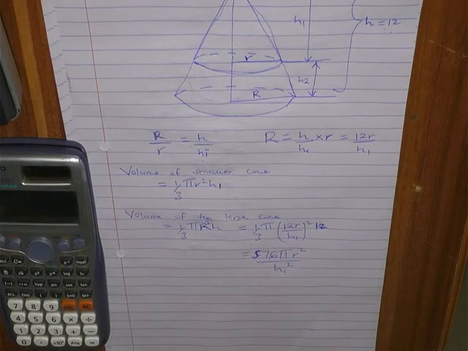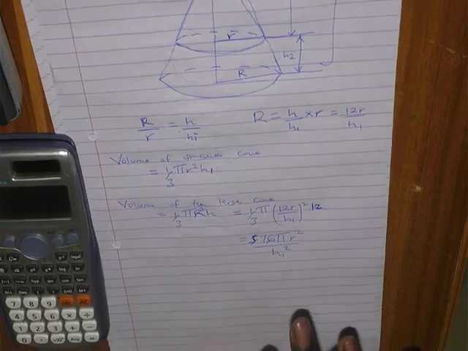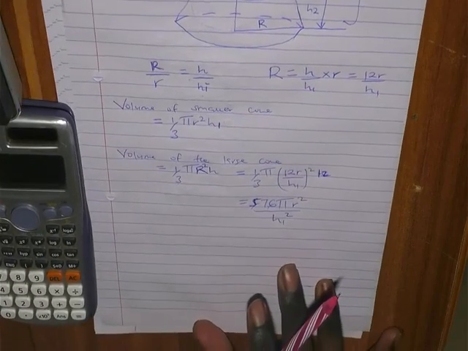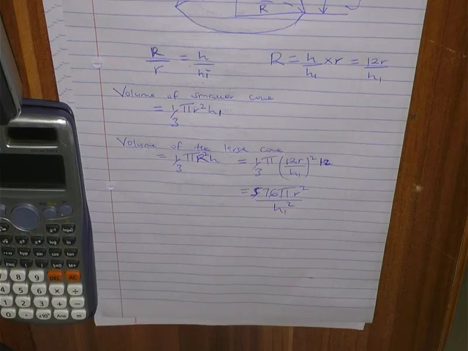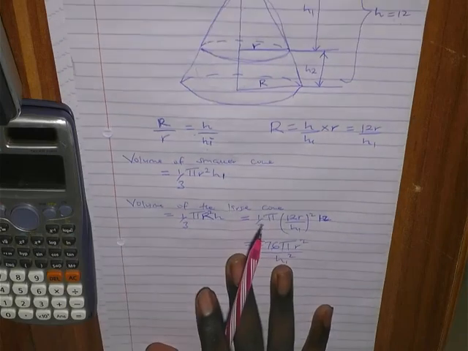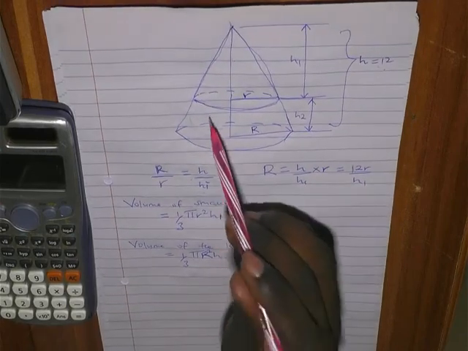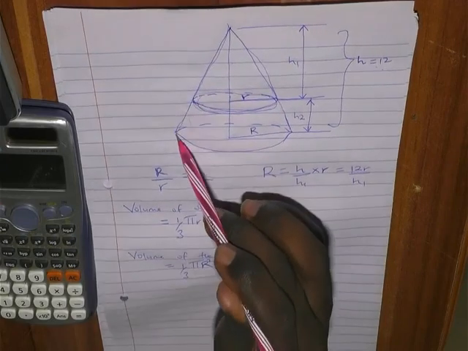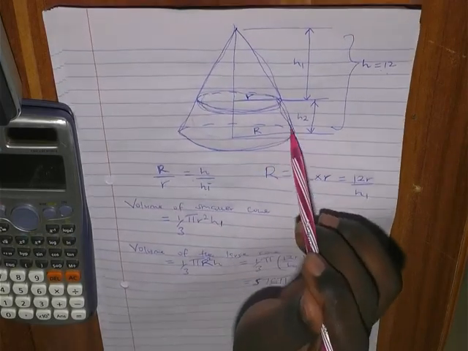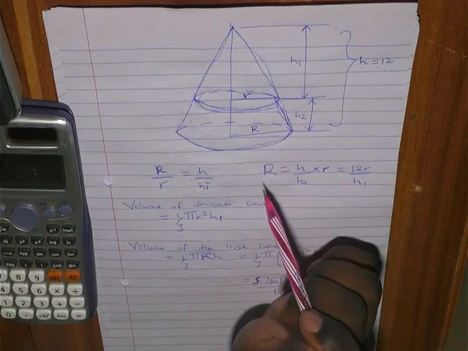Now they gave us a little bit more information here, and they told us that a frustrum whose volume is 1/8 of the volume of the cone is cut off. So this frustrum, as you can see here, its volume is 1/8 of the cone.